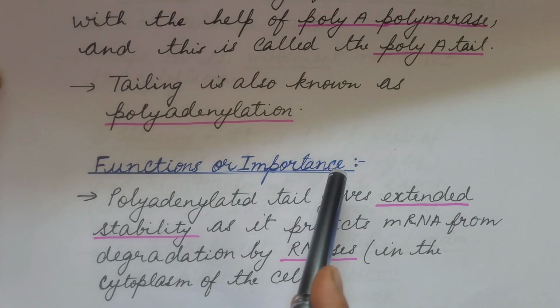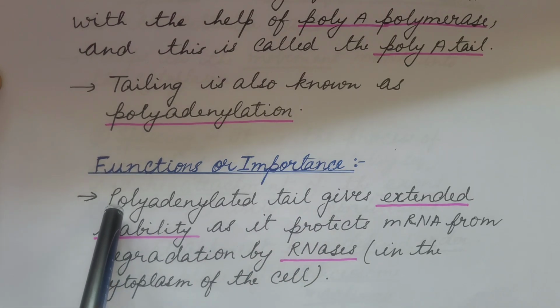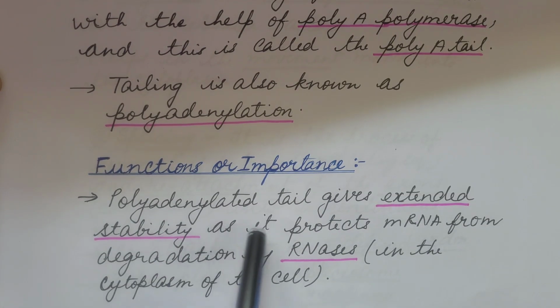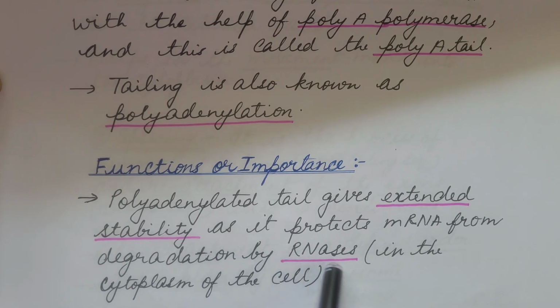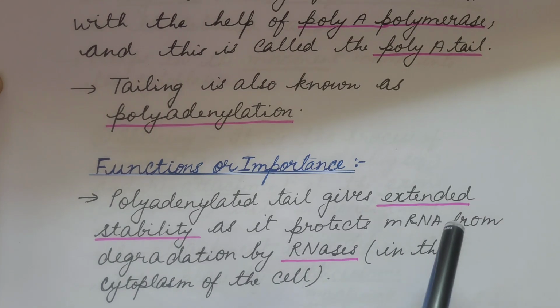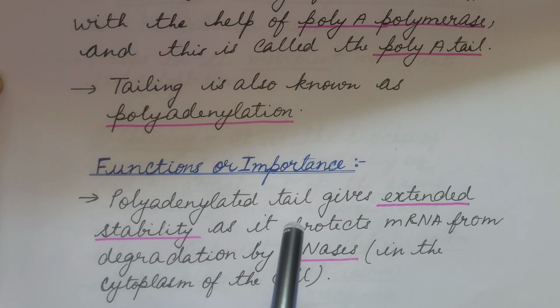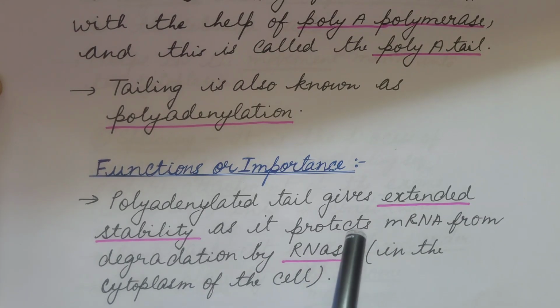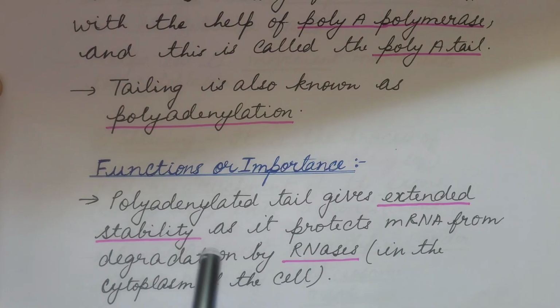Now, functions or importance of tailing. The polyadenylated tail gives extended stability as it protects messenger RNA from degradation by RNases. These RNases are present in the cytoplasm of the cell. This is because messenger RNA is transported from the nucleus to the cytoplasm, as translation, that is protein synthesis, occurs in the cytoplasm.